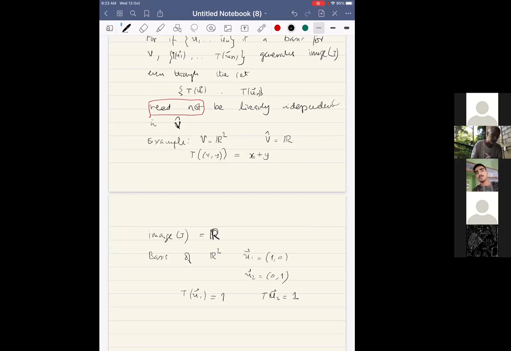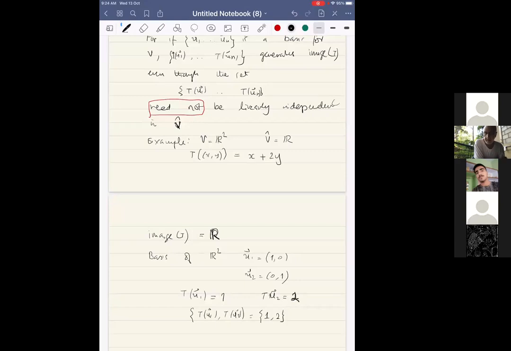So let me give you another example. T of (x, y) is equal to x plus 2y. I'm changing my example because this was a bad example. Now what is TU2? 2. So if I look at the set TU1, TU2, this consists of two elements of R, namely 1 and 2.